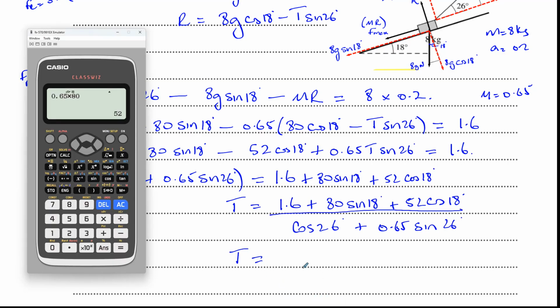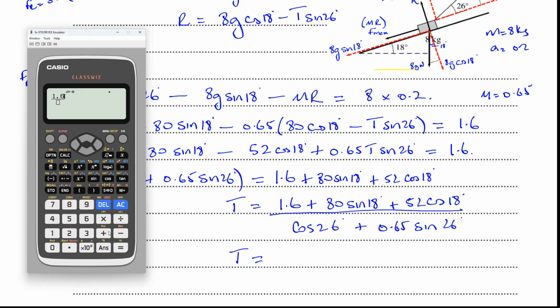Now, as I said, this is one of those types of questions where it's very, very easy to make a silly mistake, like write down sine instead of cosine, or mix up the angles, or mess up with minus signs when you're multiplying and so on. So be very careful about this.